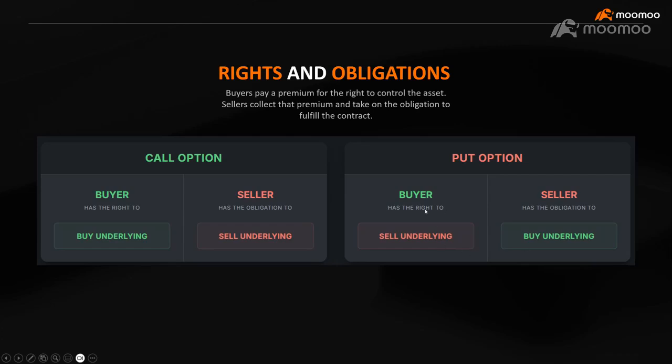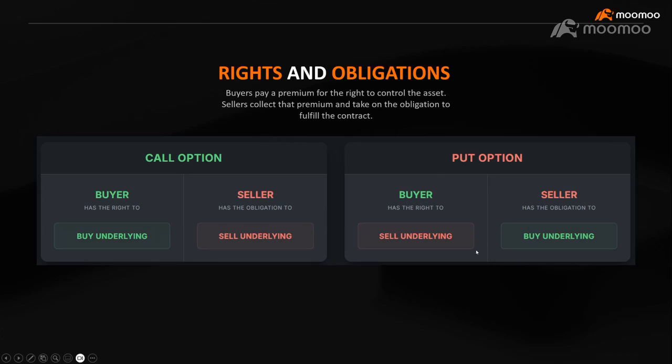On the flip side, the seller of the put option has the obligation to buy the underlying from the buyers of the put options. It's just the flip side of the call options.